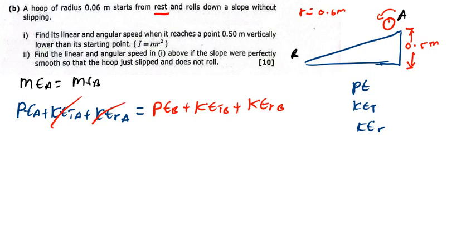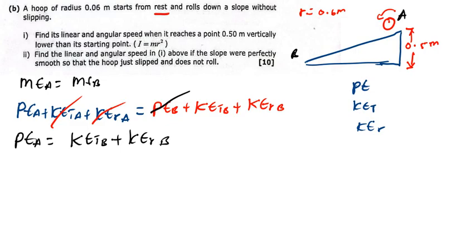Now let's go to point B. When it reaches point B, it is moving but h is zero, and potential energy depends on h, so the potential energy is zero. We remain with the potential energy at point A being equal to the translational kinetic energy at point B plus the rotational kinetic energy at point B.